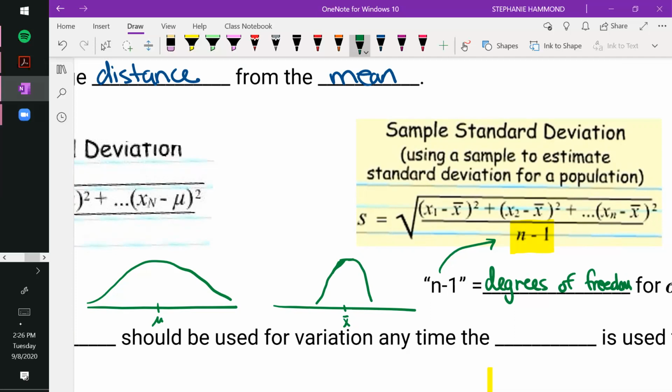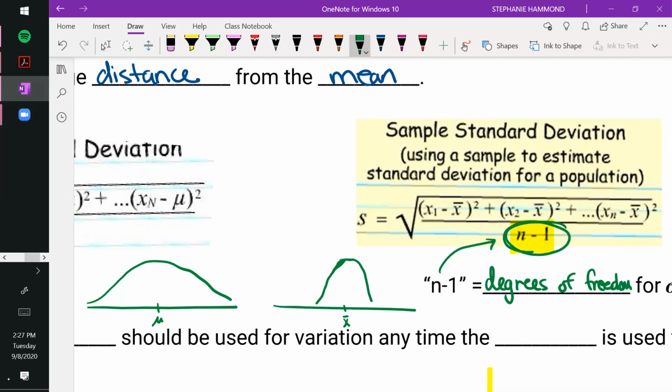So the sample standard deviation, if I calculate it as a true average of the distance from the sample mean, is automatically going to be smaller than the population standard deviation. So to account for that error, we use the degrees of freedom, n minus 1.